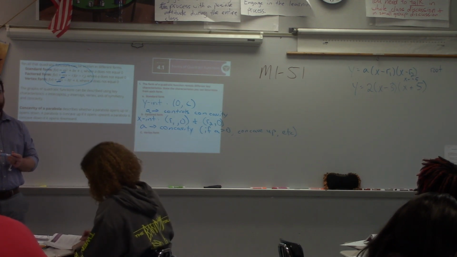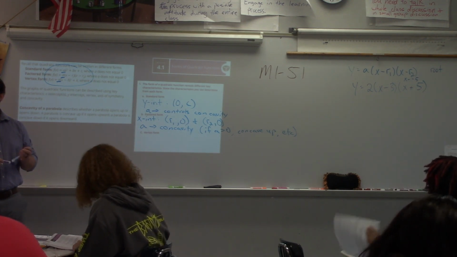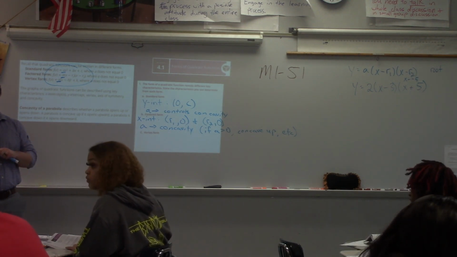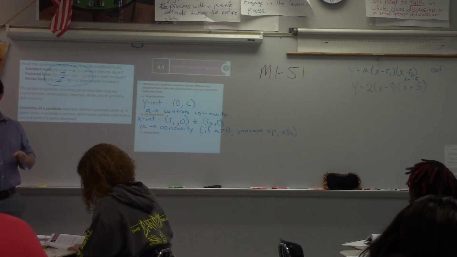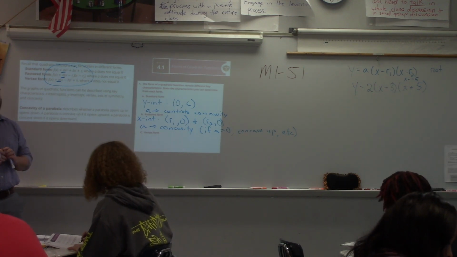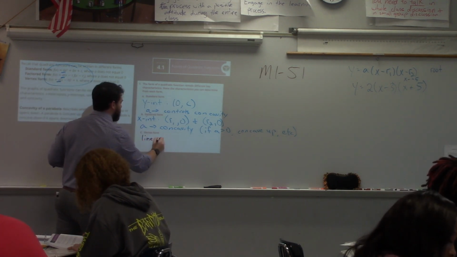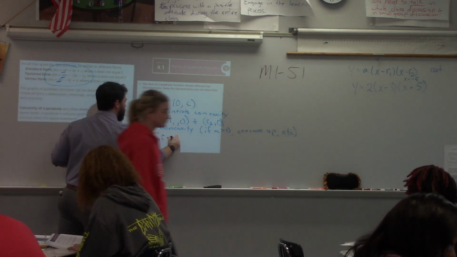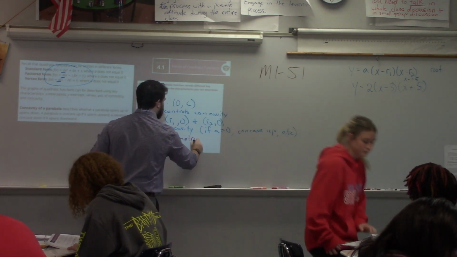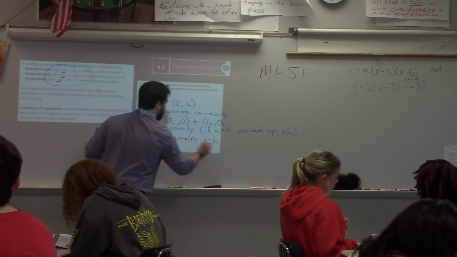Vertex form. Line of symmetry. What is that line of symmetry? X equals H. So we need to identify what H is. What else?